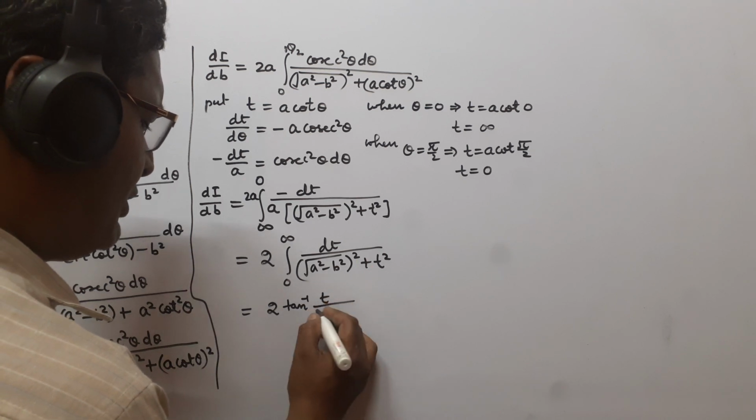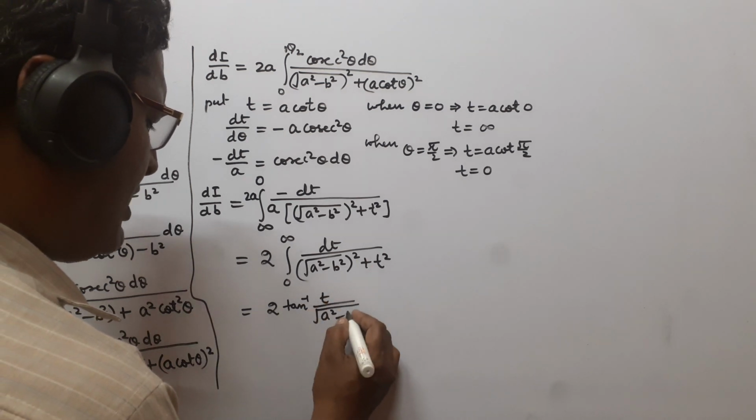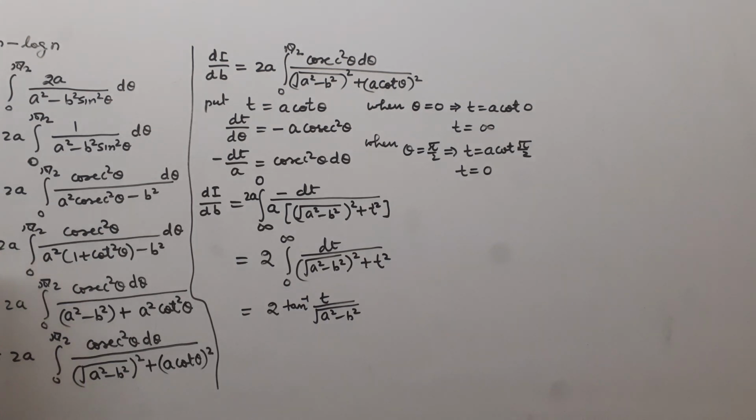So this is 2 upon under root a square minus b square.